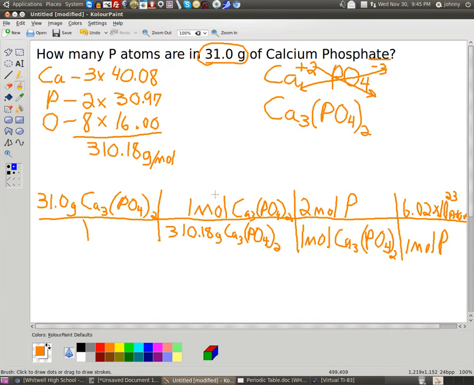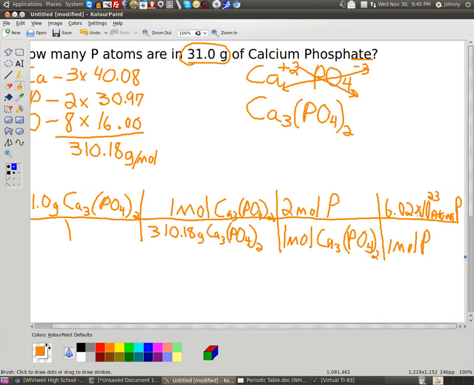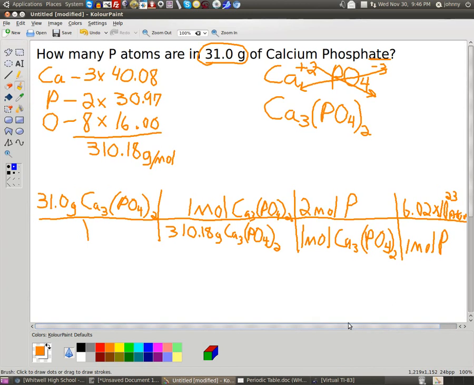So to me, that tells me that we need to continue the problem all the way out. Now if they would have said how many moles of phosphorus atoms, I would have stopped at the 2 moles of phosphorus. But since it just says how many phosphorus atoms, I would continue all the way out to the 6.02 times 10 to the 23rd atoms here.